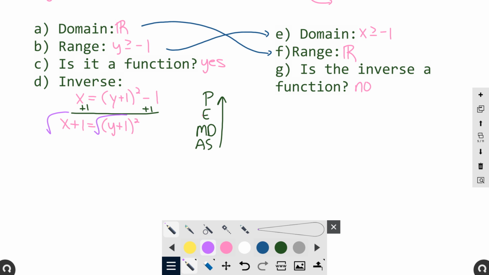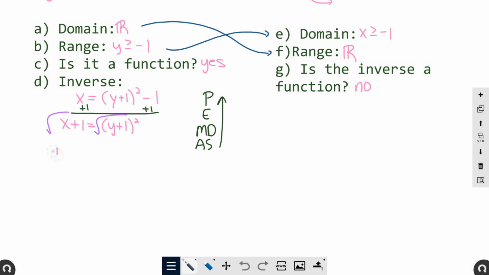And what do you have to put with your answer when you square root? So this is plus or minus the square root of X plus 1. And then the parentheses drop and the squared drops. And what's the last thing we do to get Y by itself? Subtract 1. Now, remember what we did with plus or minus before.